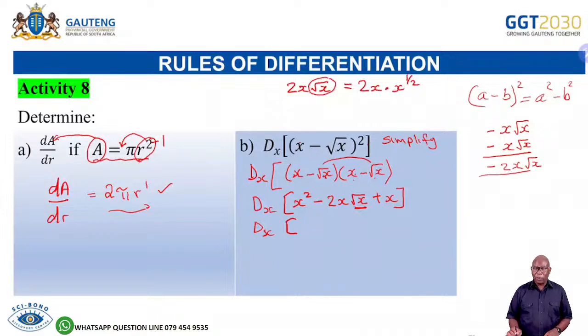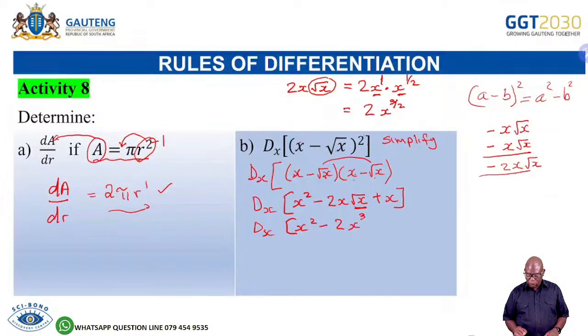So that square root will be a half, and x has a 1 here. The bases are the same. What do we do with the exponents? We add them. So the answer that we're going to get is 2x to the power of 1 plus a half, which is 3 over 2. So I must get x squared minus 2x to the power of 3 over 2, plus x, then I'm done.